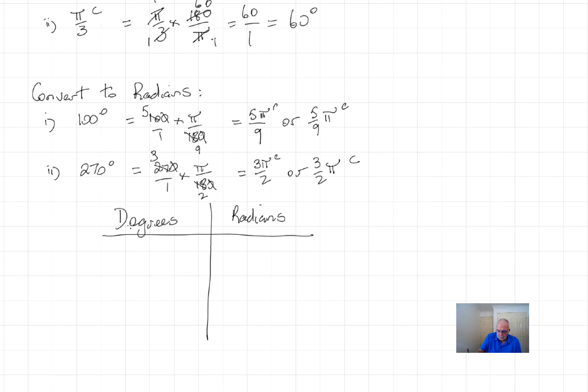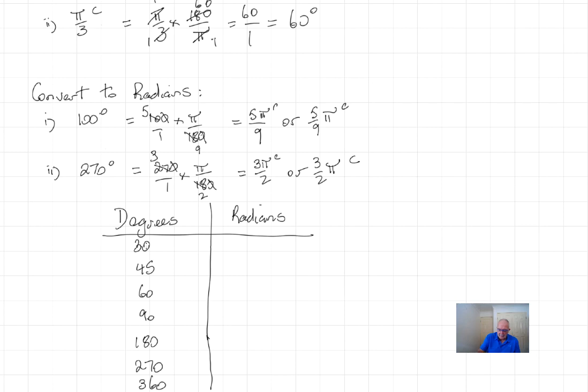These you should know off by heart: 30, 45, 60, 90, 180, 270, and 360. So all of those we should know by heart. And I'll just write them down. Pi is the same as 180.